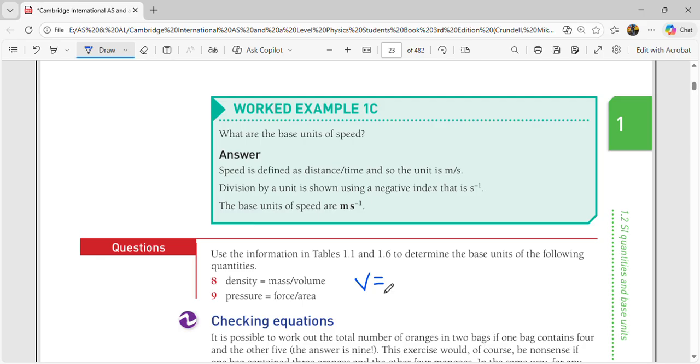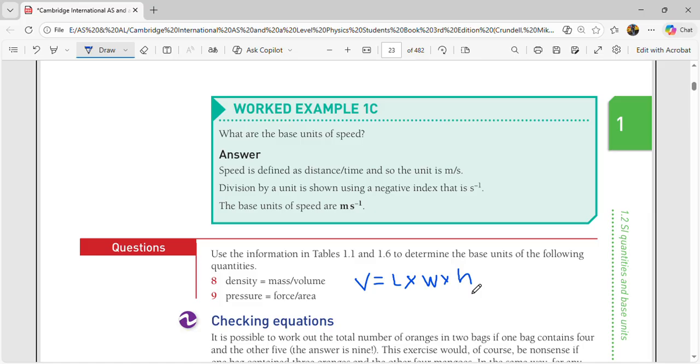For as long as you're defining volume, it will be length times width times height.